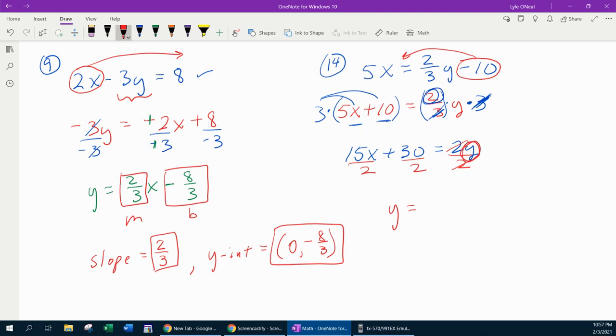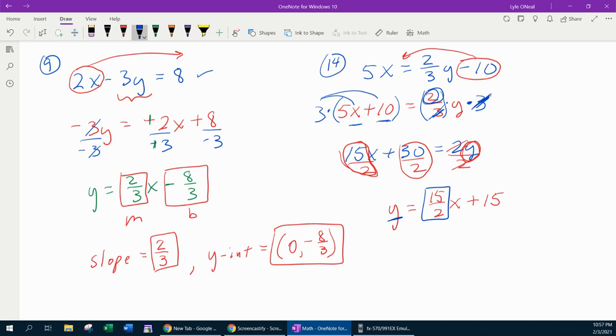You can flip this around and say y equals 15 halves x. 15 does not divide by 2 nicely, so I'm going to leave that fractioned up. And 30 does divide by 2 nicely. That's going to be a plus 15. And at this step, I'm done.